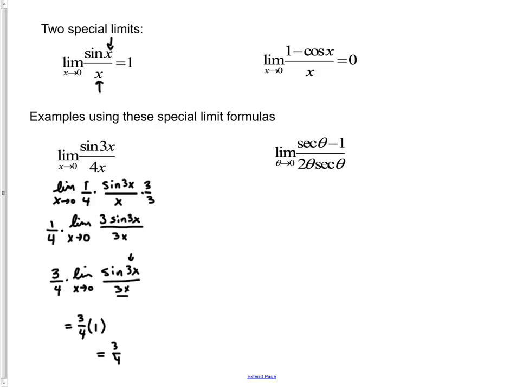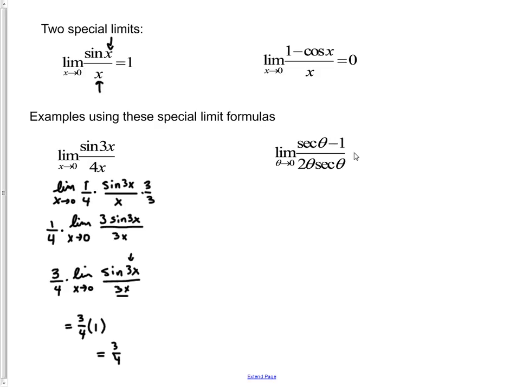All right. Now, a very similar thing holds when we talk about this limit. The limit as x approaches 0 of 1 minus cosine of x over x. We'll note that this limit must come out to equal 0. All right, so what do we do? Well, here's an interesting function. Let's say we've got the limit as theta approaches 0 of secant of theta minus 1 over 2 theta secant theta.